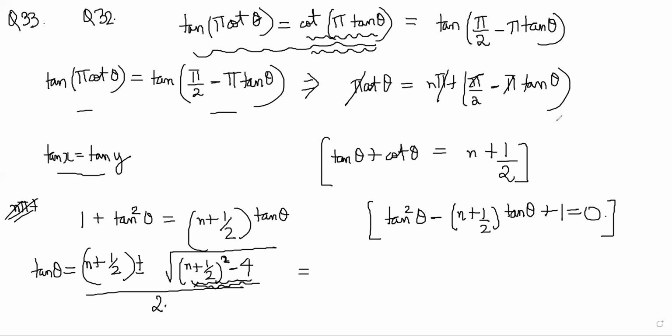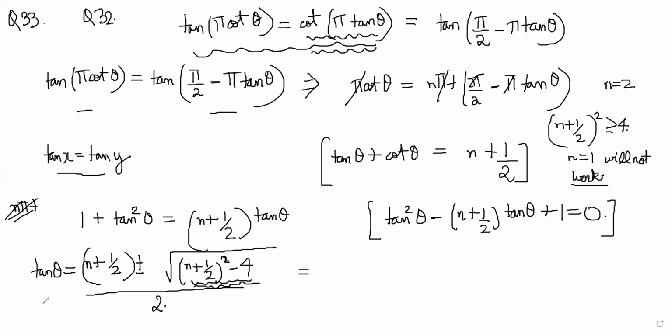So for roots to exist, (n plus half) whole square is greater than or equal to 4. Yes, sir. n is equal to 1 will not work, right? So 2 or greater. Minus 1 will also not work. Minus 2 will also not work. 0 also won't work. 3 will work. So in the positive side, at least it should be 2 or more, right? Yes, sir.